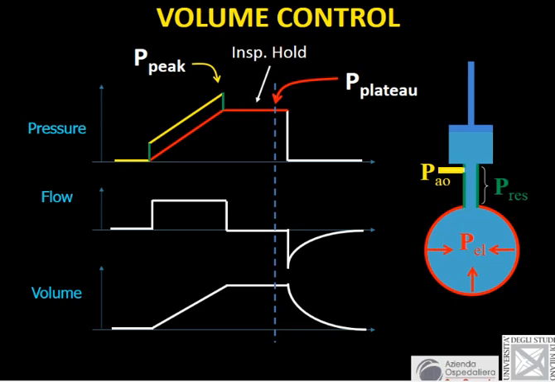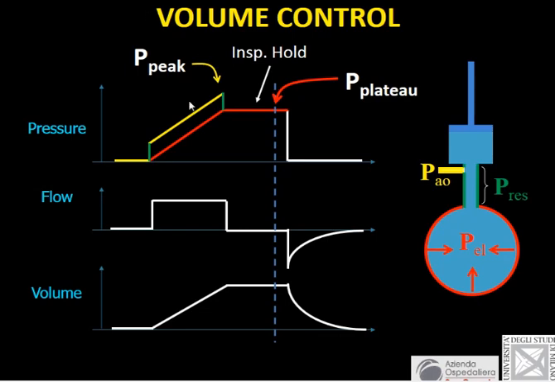This is why plateau pressure is so important, so crucial, and I really hope we all measure at least once a day plateau pressure in our patients who are being ventilated, because this is the real distending pressure of the respiratory system.